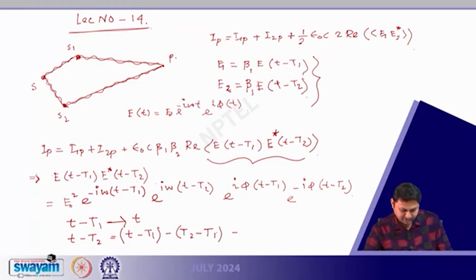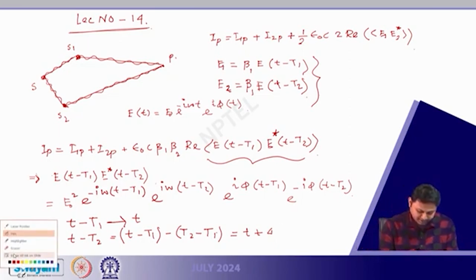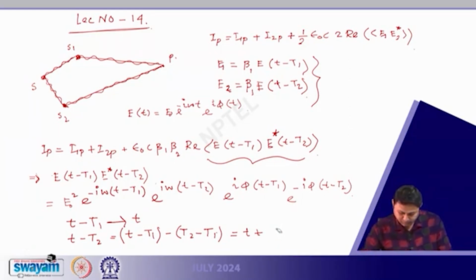So this is essentially t plus tau, where tau is equal to T1 minus T2.